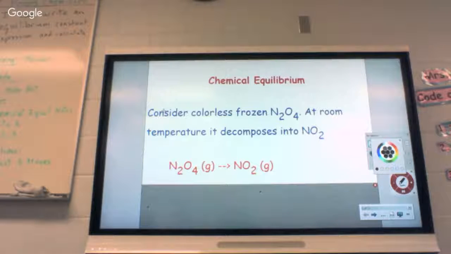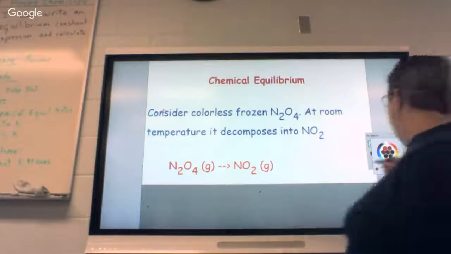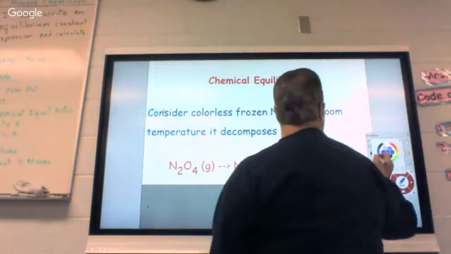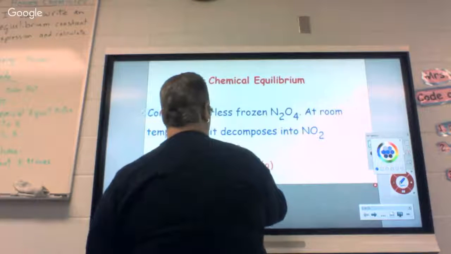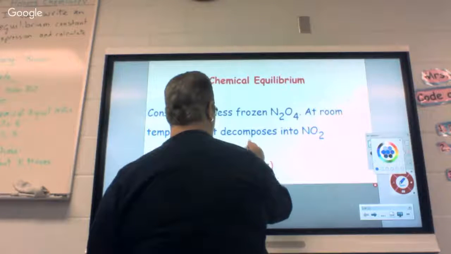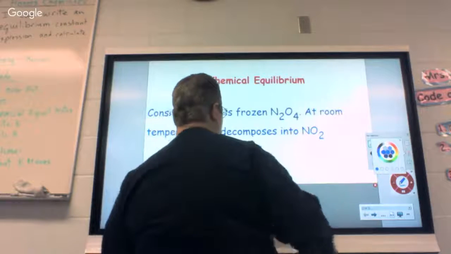However, when it sits as an ice cube, it's not only going to melt, it's going to decompose into NO2. Now, the way I have it drawn right there, it shows just the forward reaction into NO2.